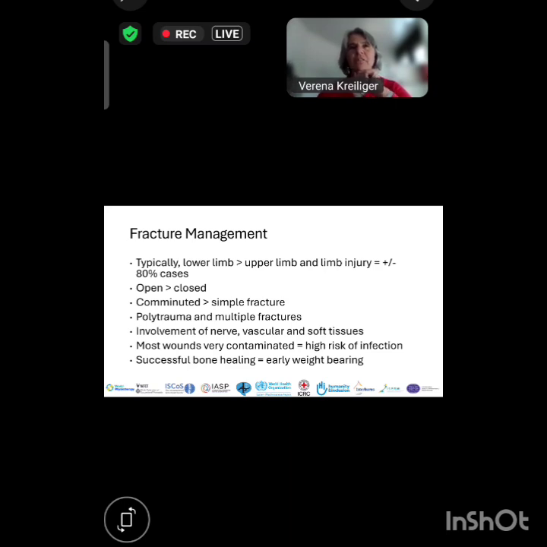We need to consider that open wounds with fractures are very dirty and very contaminated, and therefore at hugely high risk of infection. And the importance here is that while fracture is very important, if it's badly managed, it can cause a long-term problem.